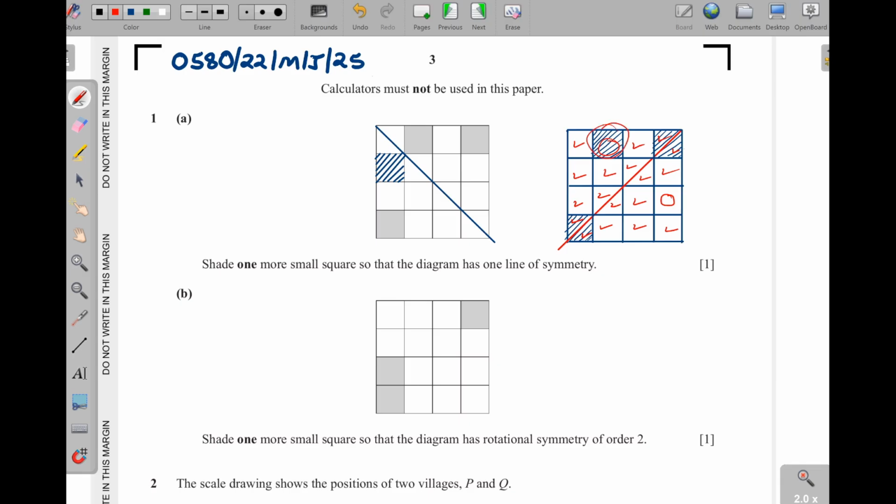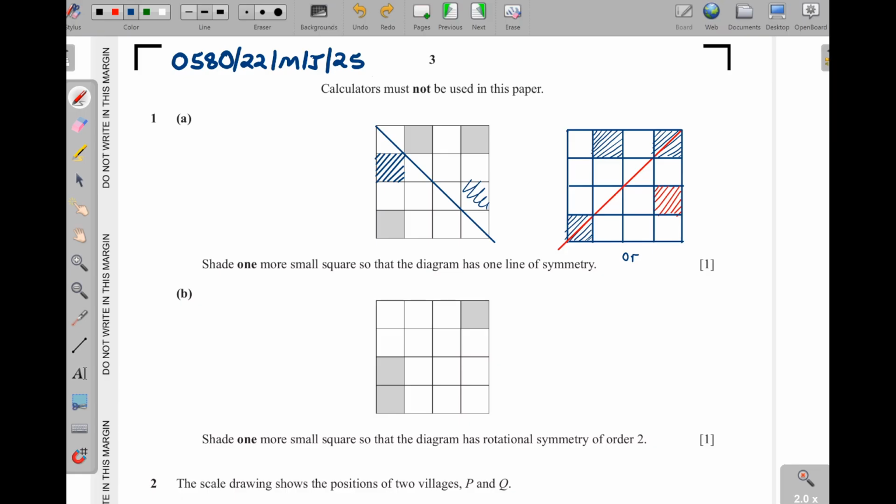So if this one is shaded, then even this one has to be shaded. So meaning the other one we are supposed to shade here is this one here. So either you are having this one here or this one here. You can shade here. And the lines of symmetry, I have put them for you there.